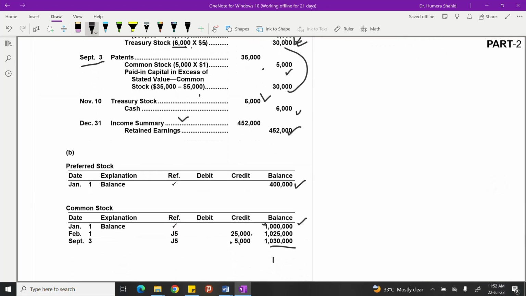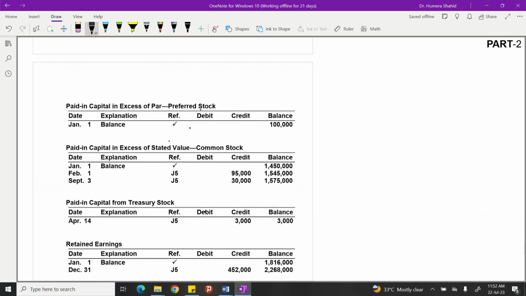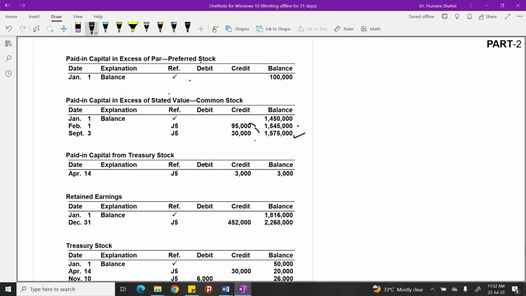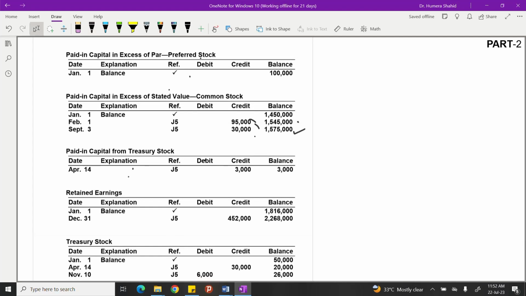And then paid in capital in excess of stated value, common stock, 1,450,000. This is the opening balance and we have transactions for it. So all the transactions which have increased this account, put them over here, and then you get an ending balance of 1,575,000. Then the paid in capital from treasury stock account is 3,000, because I made the T account for you before, that's over here.